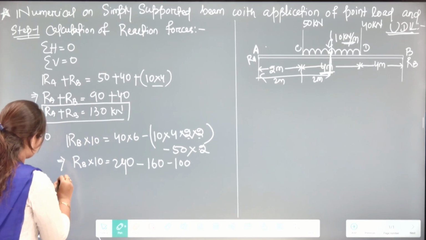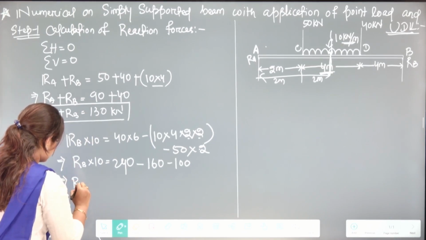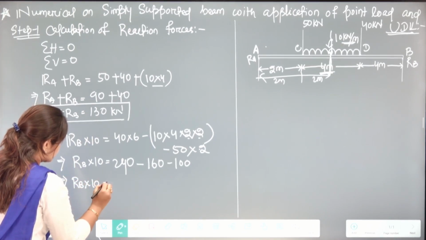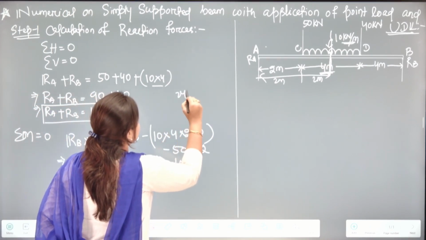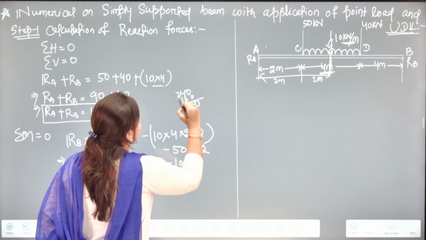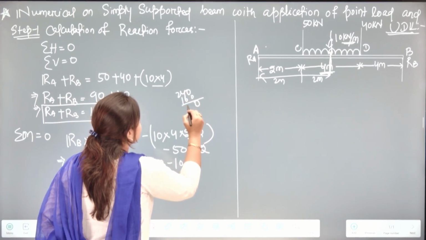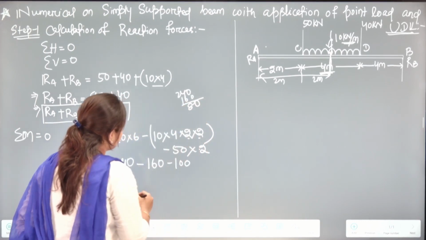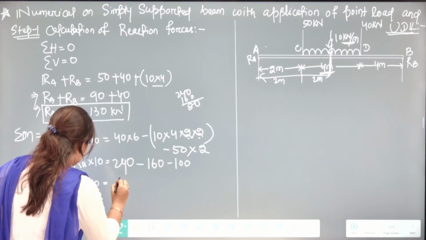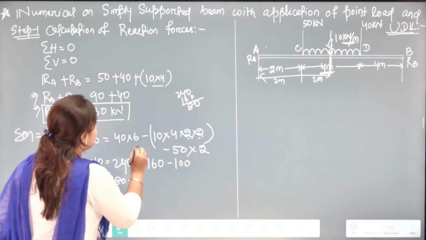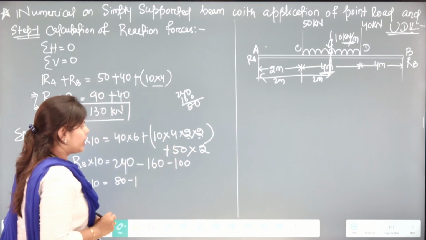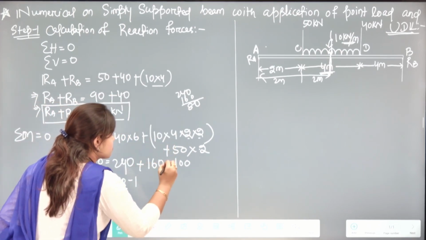Okay. 240 minus 160. Okay, 80 minus 100. Here you have plus and plus, no negative signs.